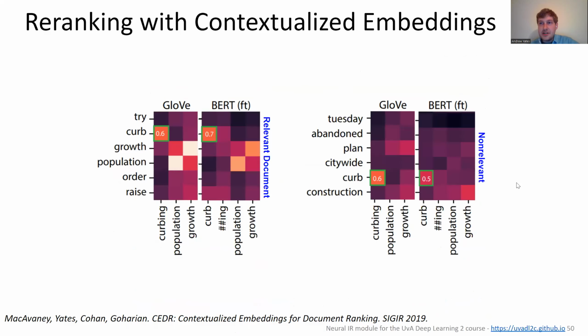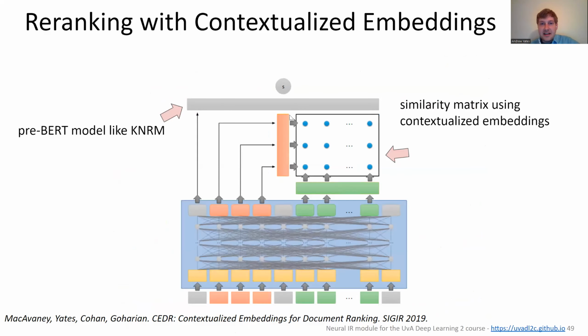Now, something I didn't mention back here is that in addition to using the similarity matrix, CEDR sometimes also takes that CLS token and concatenates it at the final layer in one of these models. So you'll remember we had this final feed-forward layer that took the kernel pooling vector and computed a score.